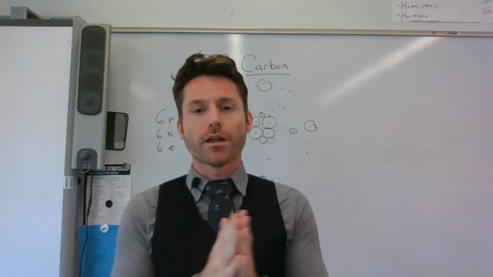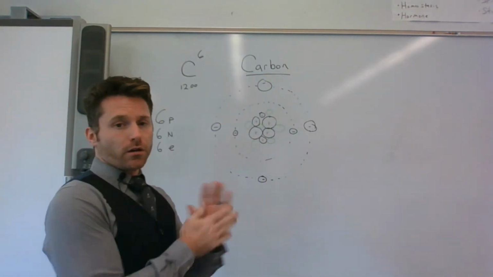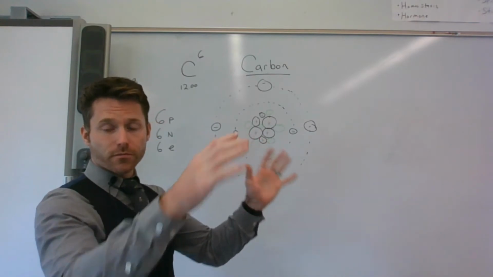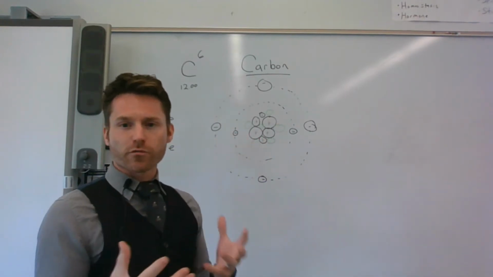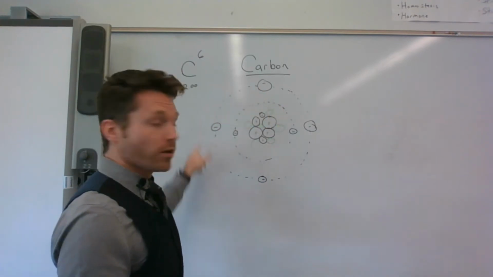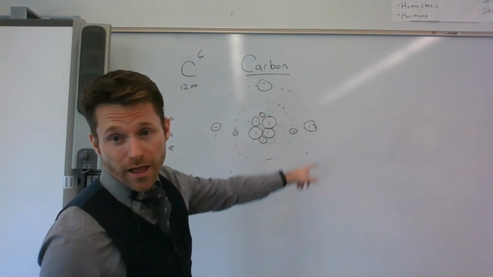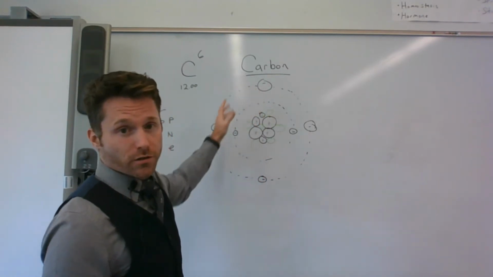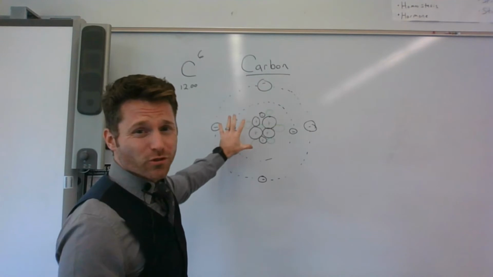The electrons exist in clouds, and clouds are a range of probability. So these electrons that we say are in the valence cloud, the outside cloud, you're most likely to find them in this range. This is not a two-dimensional thing.